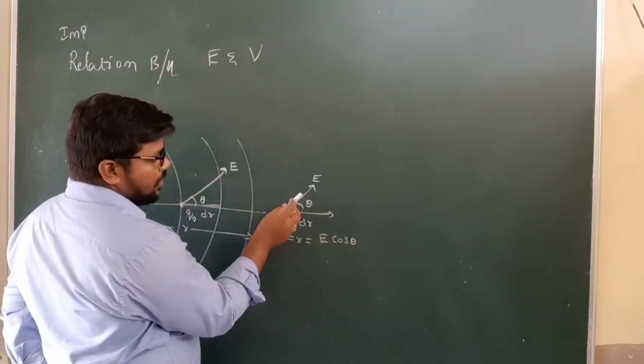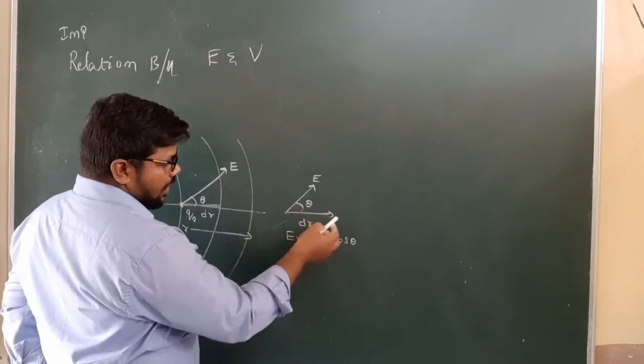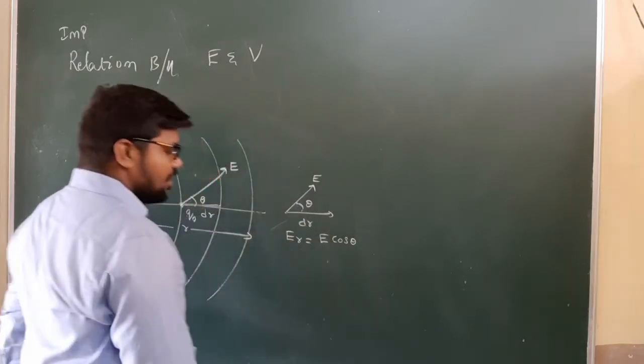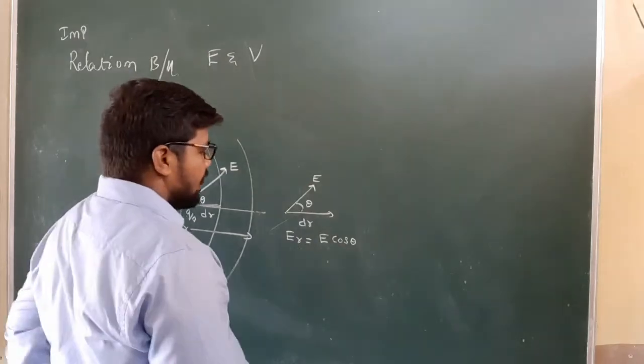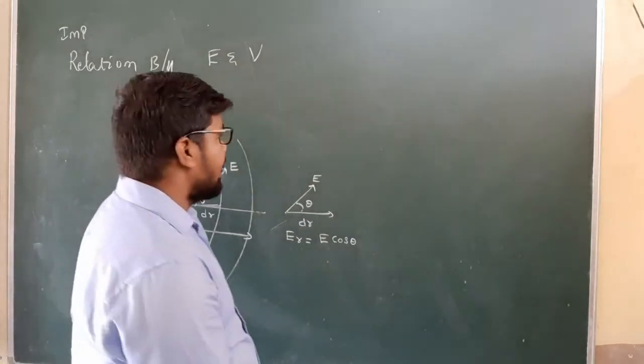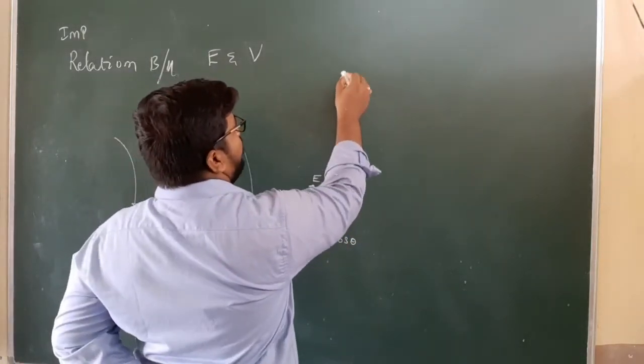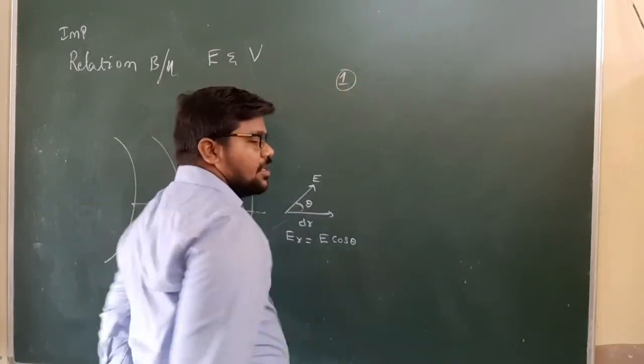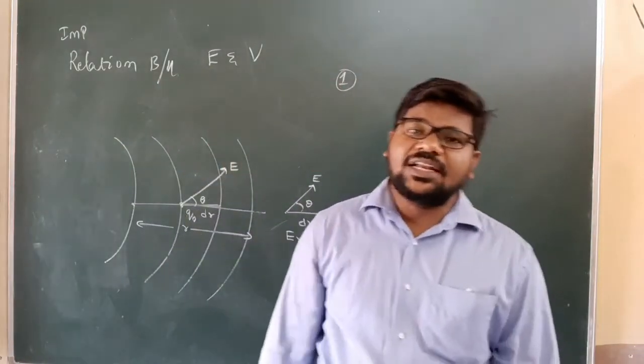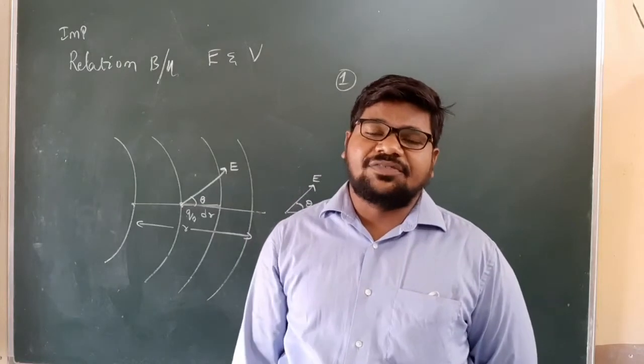Okay, the component of the vector along the horizontal direction is E cos theta. It's clear? Yes. So in this case, we have to find the work done by the electric field.